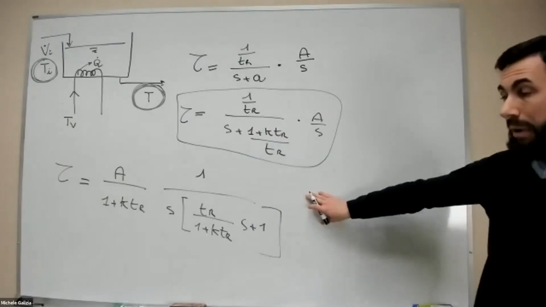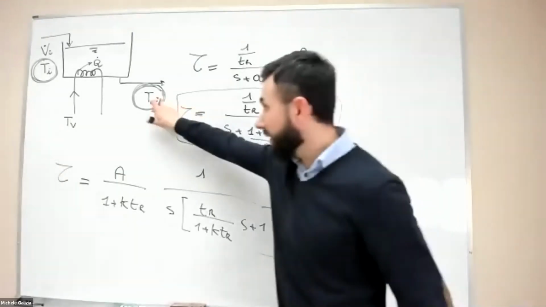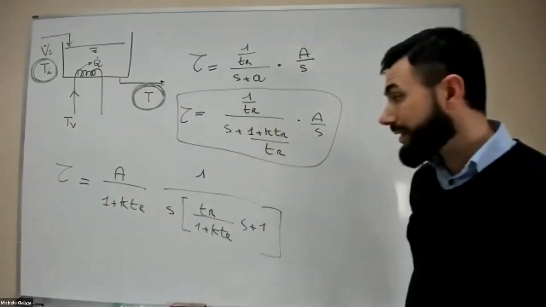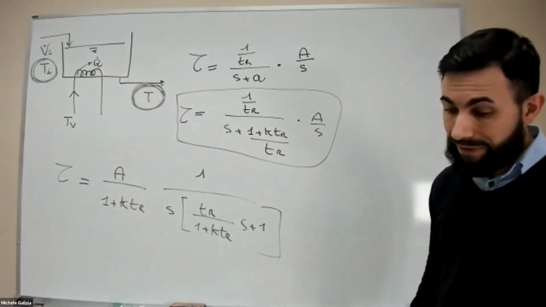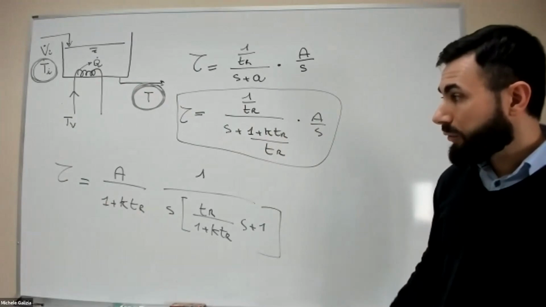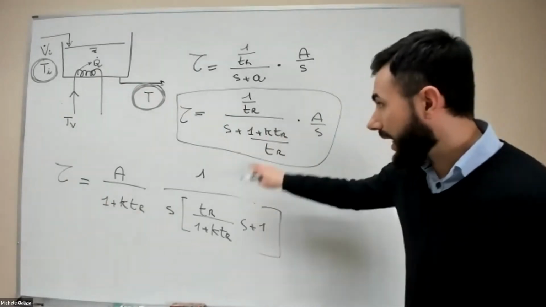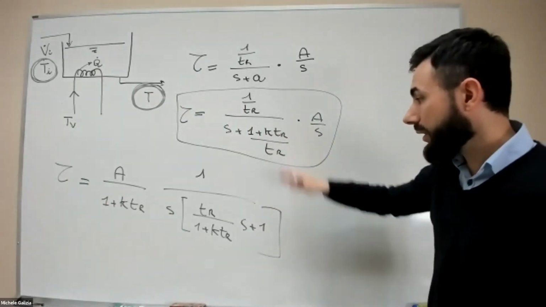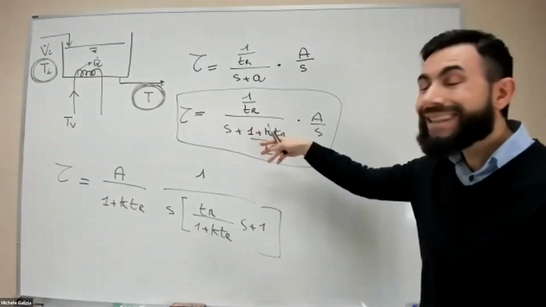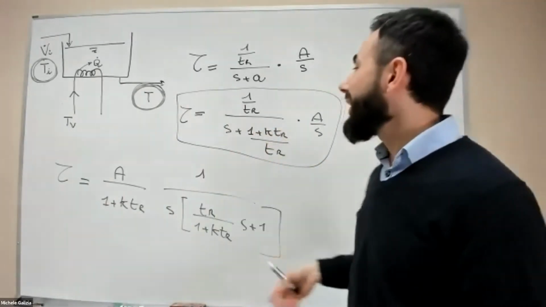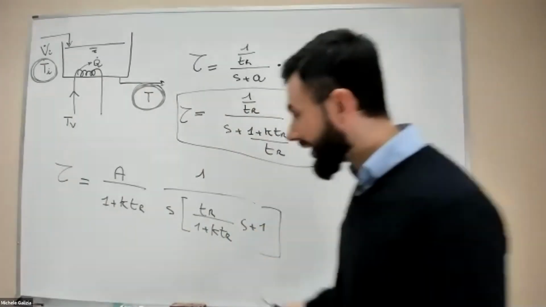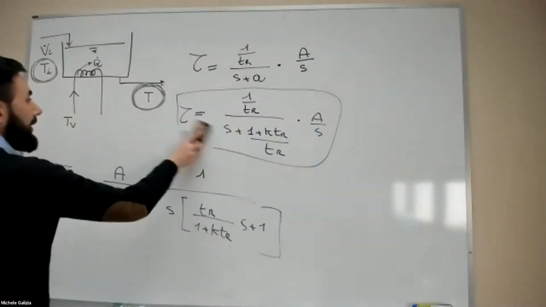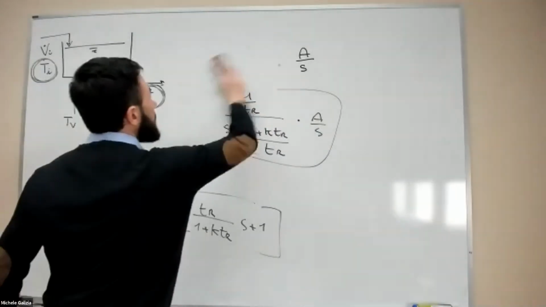So this is the response of T to this step change, but in the Laplace domain. So we have to anti-transform this back to the time domain. This comes from this after adjusting a little bit the way this expression looks, to make sure that we can anti-transform in an easy way.